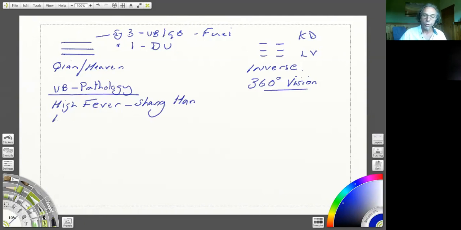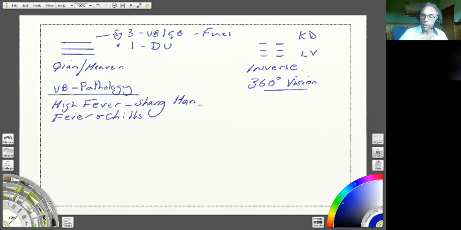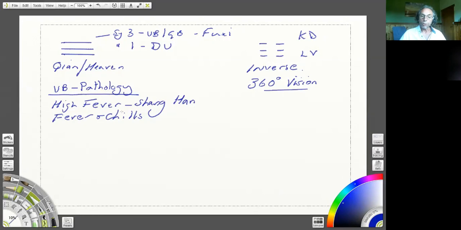So we call that fever and chills. Yeah. Because we have to differentiate that from the high fever of a Yang Ming component. So it's more related to Shang Han attack. Yeah, what else? I don't think now. That's okay.